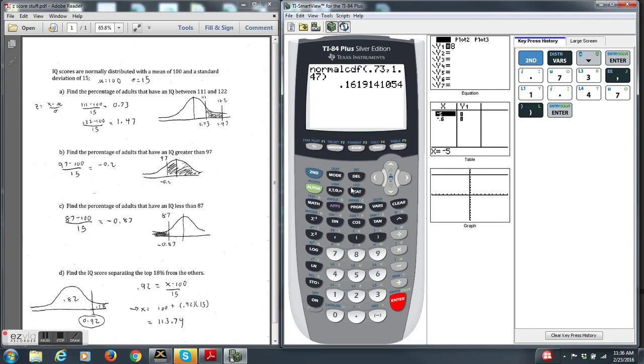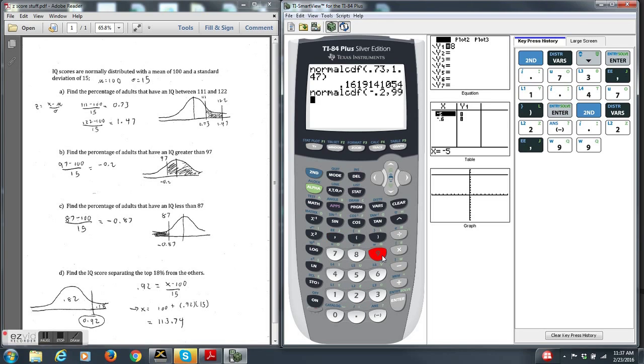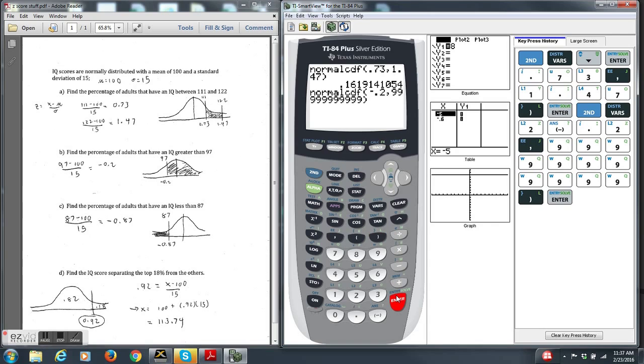So for part B here, I would go distribution, normal CDF, same button. And I'm just going to go from negative 0.2 and then just something really big. So I just hit 9 a few times. It doesn't really matter how many times you hit 9. If I just had 1, 2, or 3 there, it's going to be the same number. But I just say something big. And there we go. There's your answer, 58%.